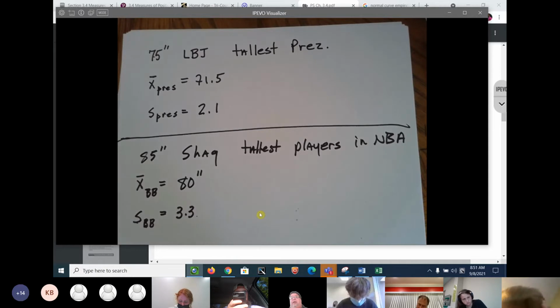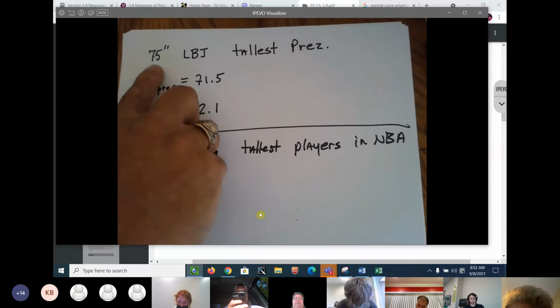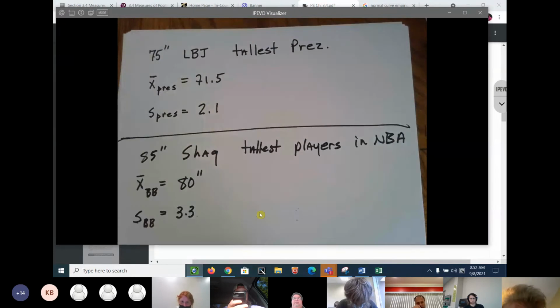Is there any qualification as far as height? No. So you can be president like James Madison and be 5'4" or 5'5", or you could be 75 inches like LBJ.